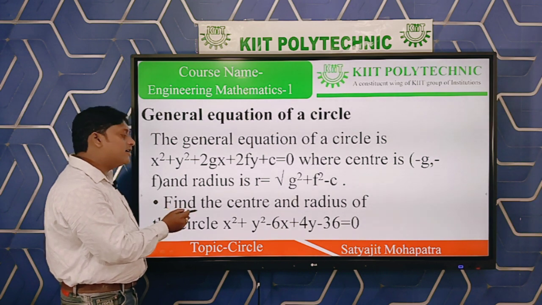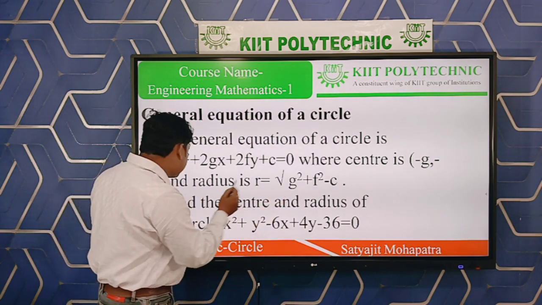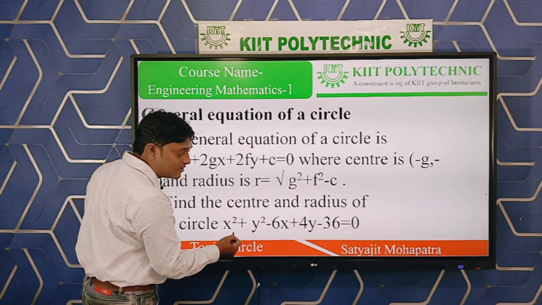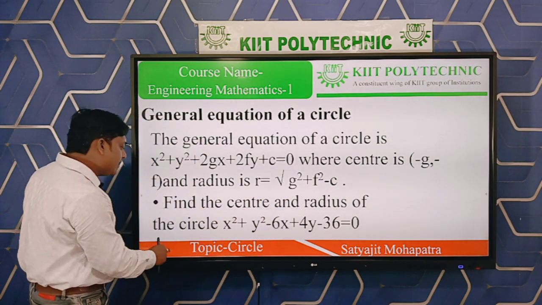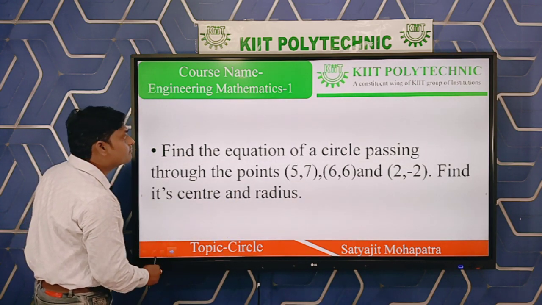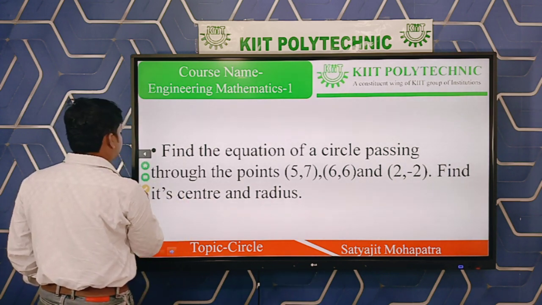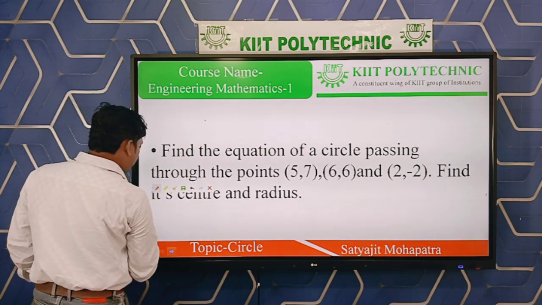All of you see, the next question will make this clear. Find the center and radius of the circle x square plus y square minus 6x plus 4y minus 36 equals 0. In the next slide I will show you. All of you see the equation of the circle given.